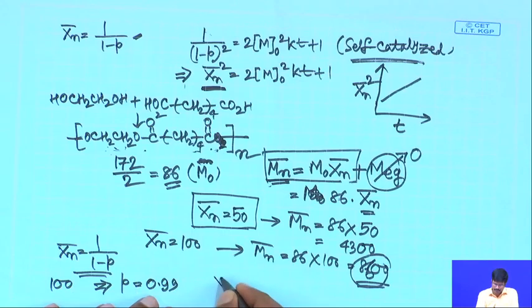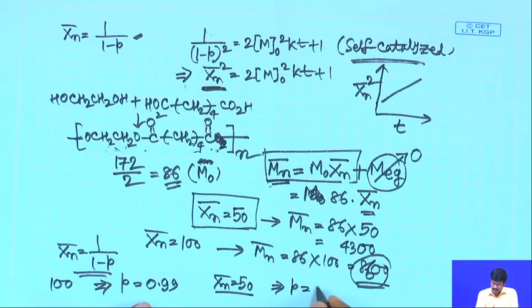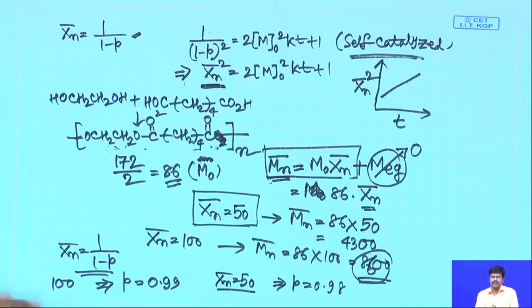What about xn bar 50? If you put xn bar 50 here, then your p becomes 0.98, and xn bar 50 means your Mn bar is 4300. So you have a molecular weight of only 4000 approximately, even if you have gone up to 98% conversion. When you go to 99% conversion, then you have a molecular weight of 8600.